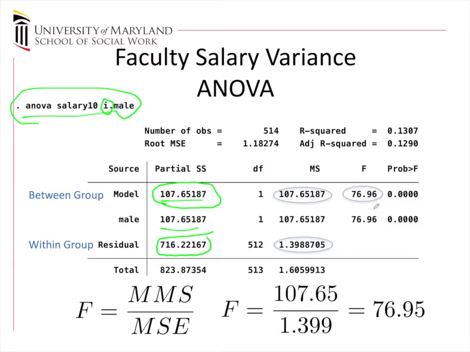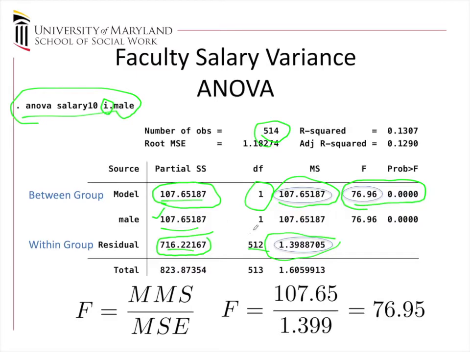We can get this F-test here, which is classically how we look at ANOVAs and determine whether the model is statistically significant. We do that simply by taking the mean squared error terms for the model and for the residual. And the way you get this is by dividing this number by the degrees of freedom. You'll notice that there are 514 individuals. We do some adjusting, so we take some out. Plus, we take one out for the model here because we have one variable in the model.